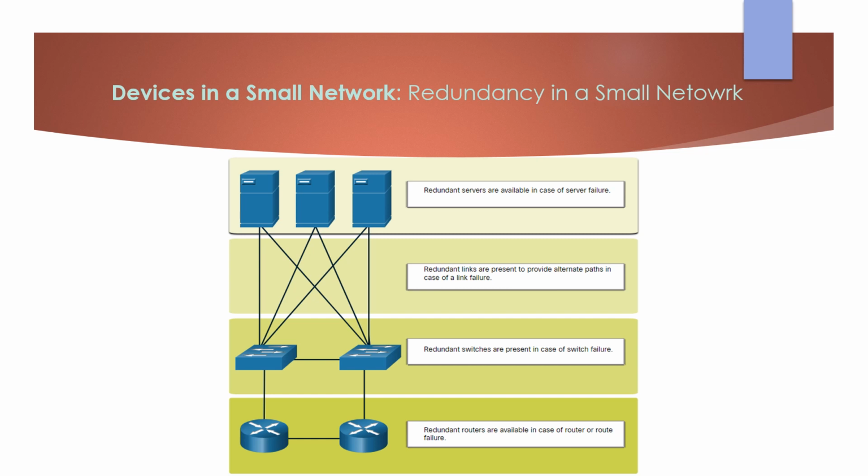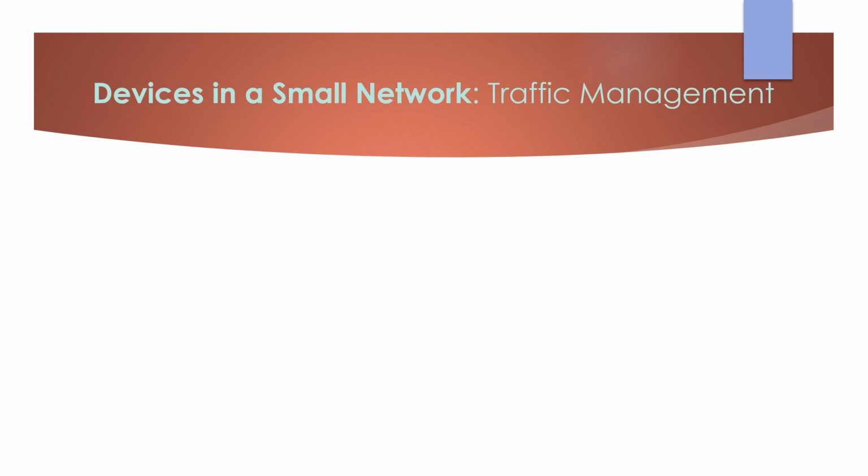The goal for a good network design, even for a small network, is to enhance the productivity of the employees and minimize network downtime. The network administrator should consider the various types of traffic and their treatment in the network design. The routers and switches in a small network should be configured to support real-time traffic such as voice and video in an appropriate manner relative to the other data traffic.